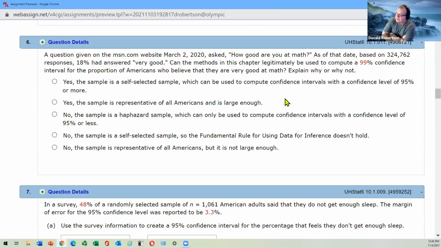Aren't these people self-selected? Didn't they go to MSN.com and didn't they choose to take part? Will that give you a fair representation of everybody in America now? No. Don't you only get people who go to MSN.com? And then within that subgroup, don't you only get those people who are bothered to answer the questionnaire in the first place, right? So you are breaking the first rule of all data collection.